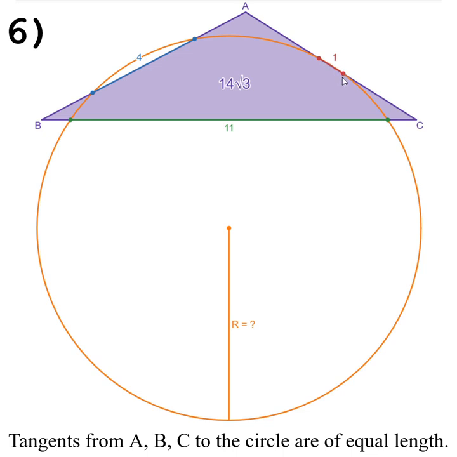So these are not the arc lengths but the chord lengths. Basically the chords which are enclosed by the intersection points of the circle with each side. And the area of this triangle, as you can see, is 14 root 3. All you have to do is find the radius of the circle. And also, the tangents from each point to the circle are equal. That's what makes this question complete.